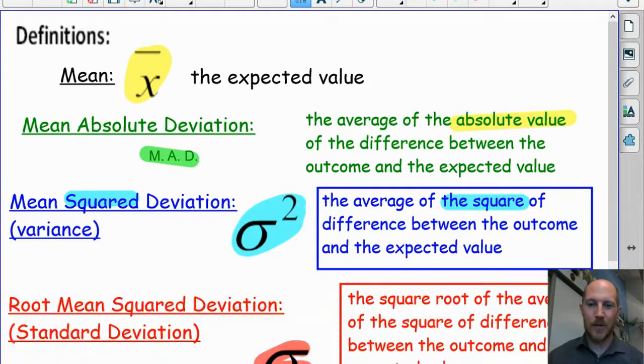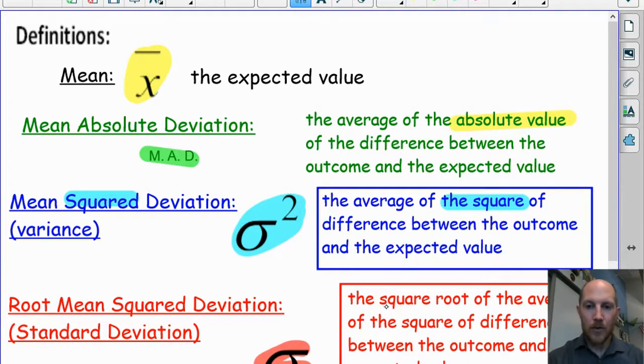All right, so the last step in the process of our vocabulary journey here is the root mean squared deviation, which is the big name, and some people don't usually call it that. They say, well, this is the standard deviation, because this is the standard type of deviation that is used. There's all these 3 different deviations here, and those other ones have their place, but this is the one that sets the standard. This is the one that people use.